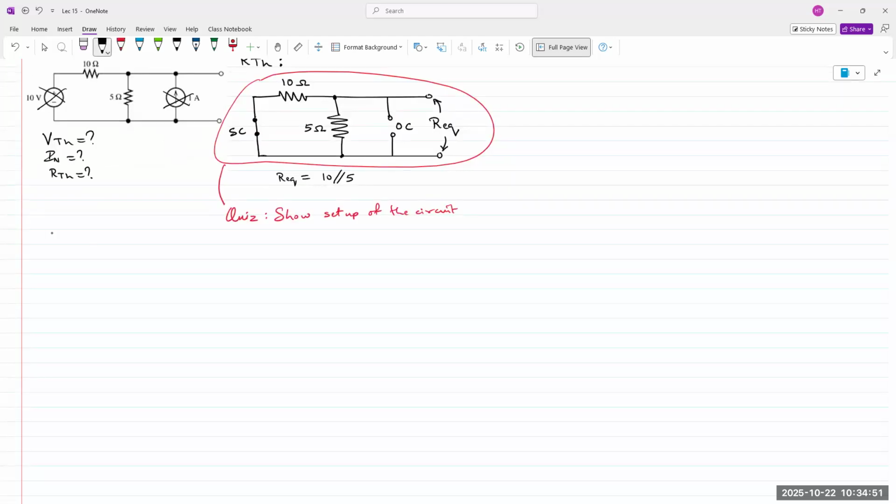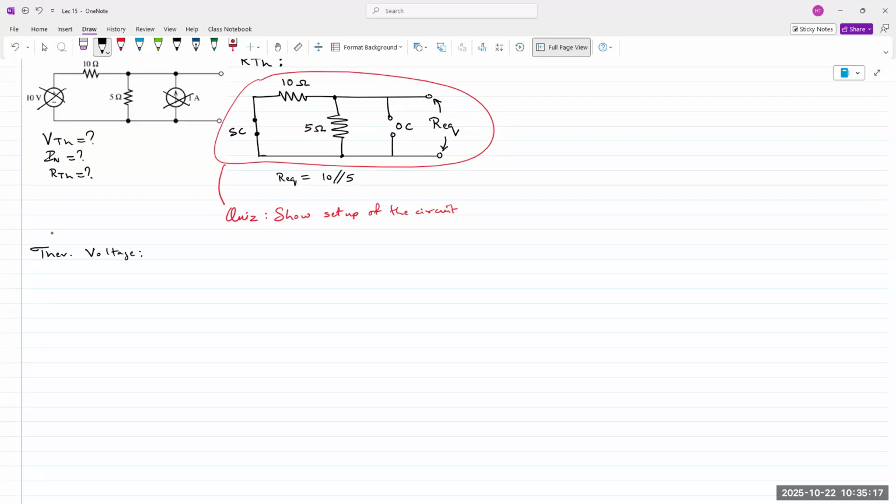Thevenin voltage. What do we need to do for Thevenin voltage? Can we use the same circuit as we use for RTH? Okay. Can we use the same circuit?